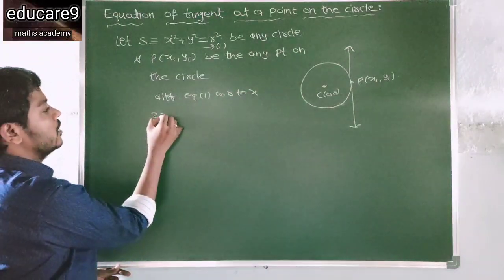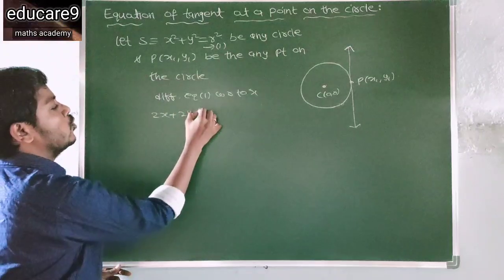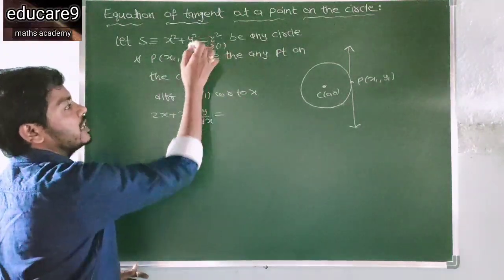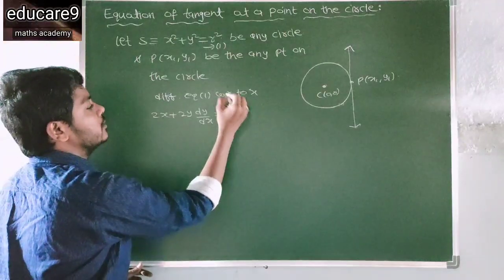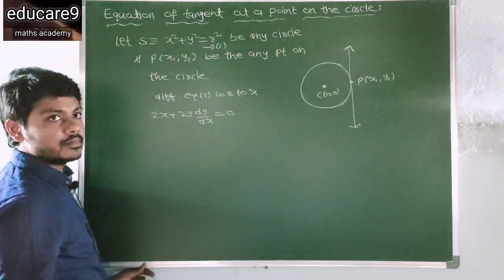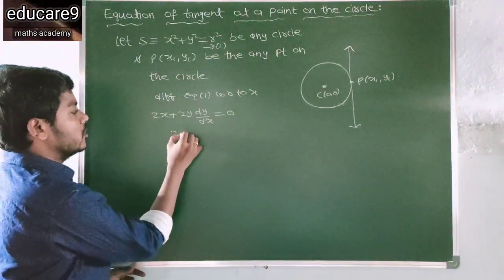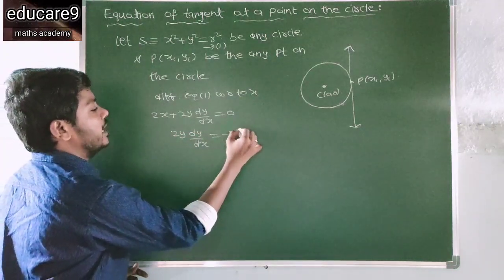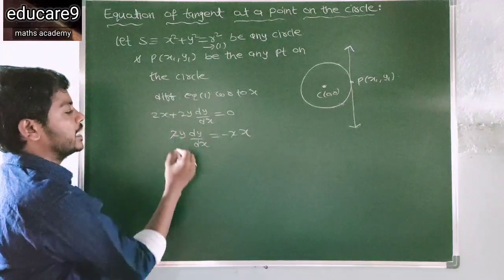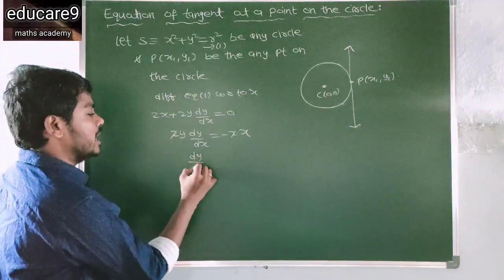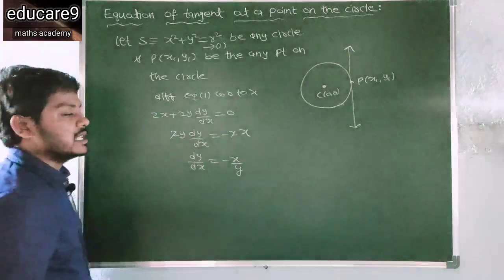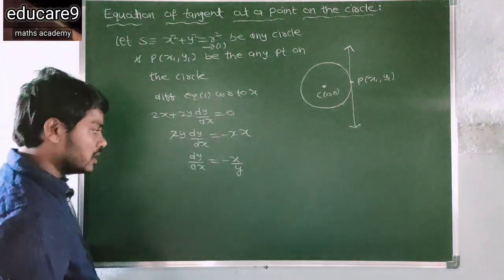That is 2x plus 2y dy/dx is equal to 0, since r square is constant. Now from this, 2y dy/dx is equal to minus 2x. So 2 gets cancelled. So dy/dx is equal to minus x by y. This is the slope of the curve.